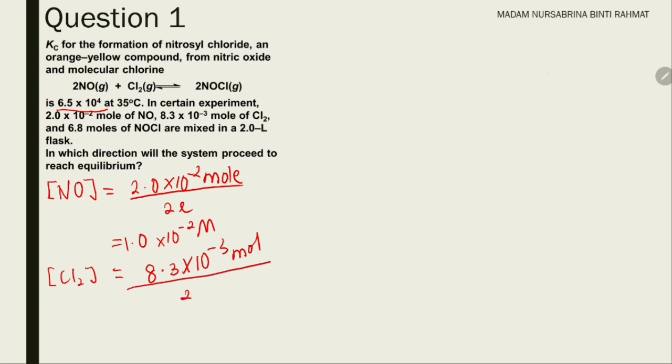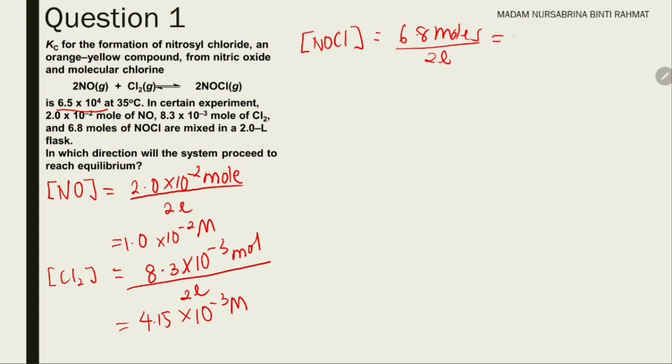Again, divide by 2 liters. So you will get the concentration of chlorine present at the moment to be 4.15 times 10 to the power of negative 3 molar. For your NOCl, which has 6.8 moles, again divide by 2 liters and you will get 3.4 molar.